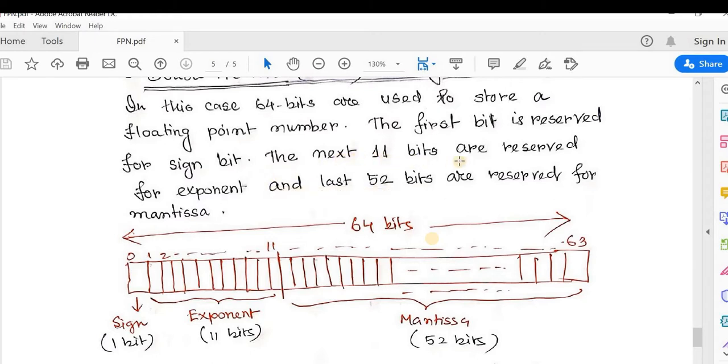The next 11 bits are reserved for exponent. The last 52 bits are reserved for mantissa. So out of 64 bits, the first bit is for sign, the next 11 bits are for exponent, and the last 52 bits are for mantissa.